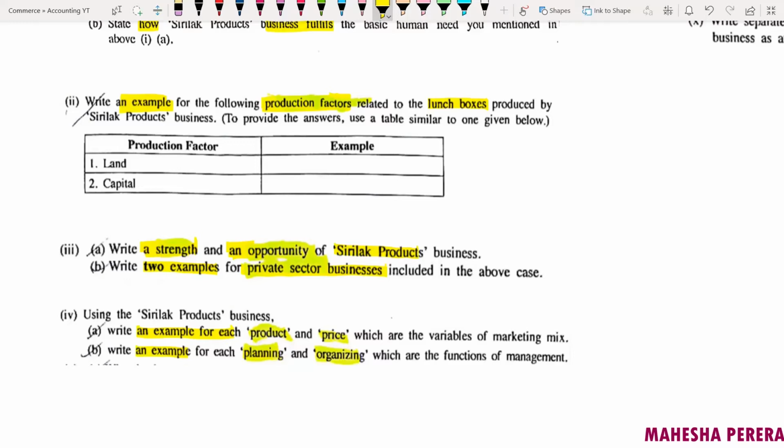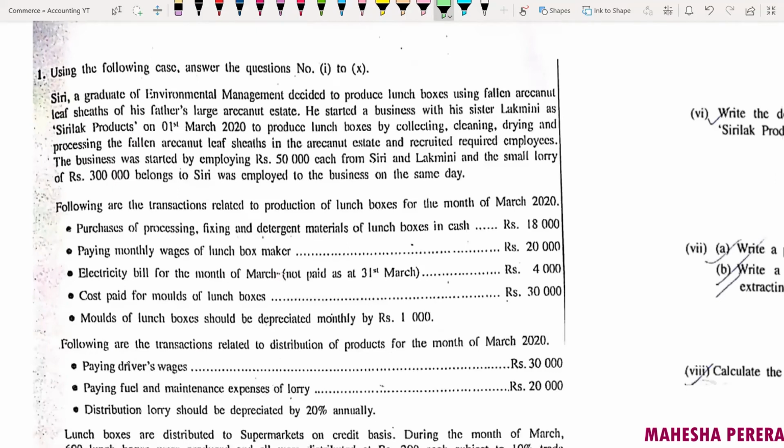Now let's read our case. Siri, a graduate of environmental management, decided to produce lunch boxes. Now, this is the product of this business, lunch boxes, using fallen arecanut leaf sheets of his father's large arecanut estate.